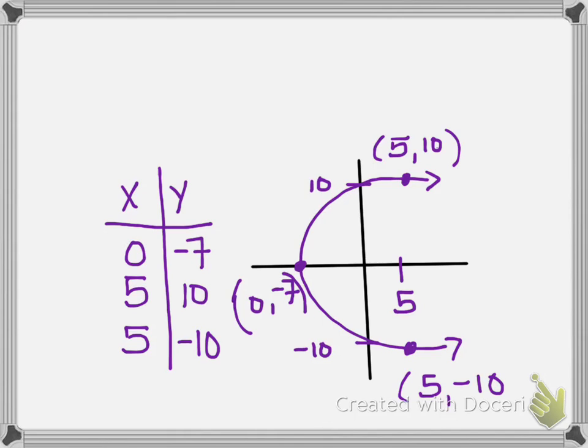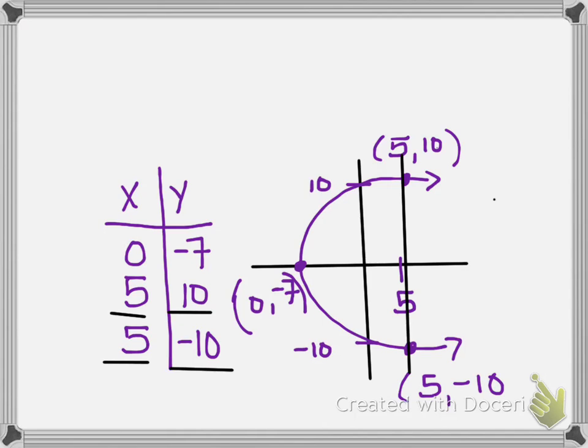Okay. If I do my vertical line test right here, can't you see that you're hitting in the exact same place? And the value that we're hitting is at the 5 here. I hit 5 one time and I get a 10. I hit 5 again and I get a negative 10. And that's what it's talking about when it tells you that you can only have one y value for every distinct x value.